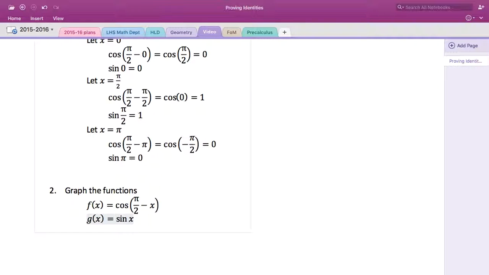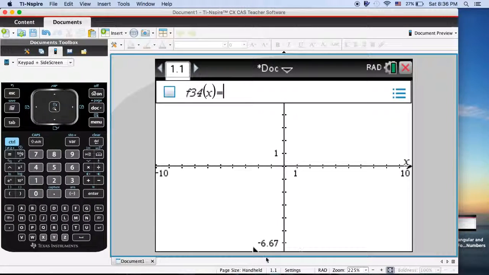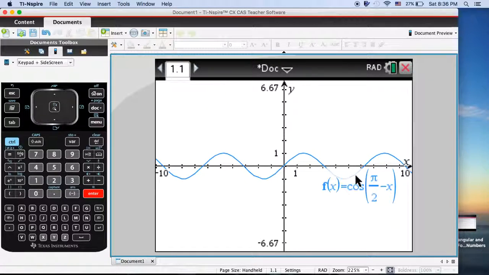So first, f of x, cosine of pi halves minus x. This is the graph.